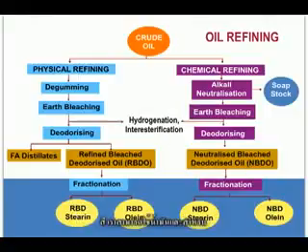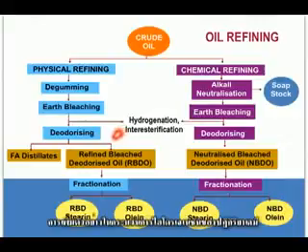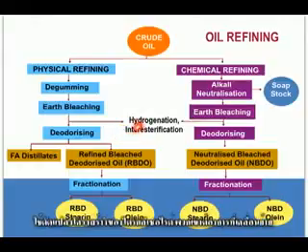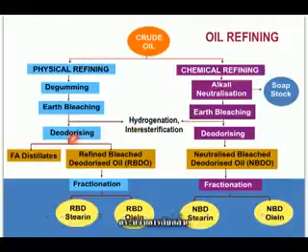At some stage after the bleaching process, we can take the oil for modification processes, for example hydrogenation and interesterification. But after this process, for example after hydrogenation, probably some free fatty acid needs to be removed by the deodorization process.